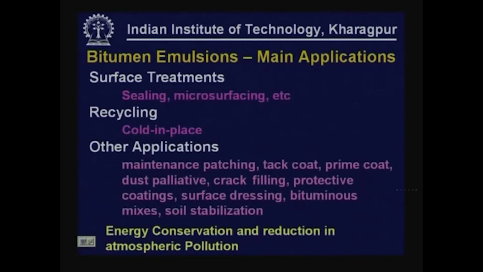The main applications of emulsions are in surface treatments, which is in the form of sealing the surface or micro surfacing the pavement surface and so on. Also in recycling, if you are trying to reuse the existing bituminous layer because it has become old, it has become distressed, cracks and other forms are there.